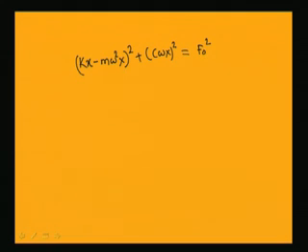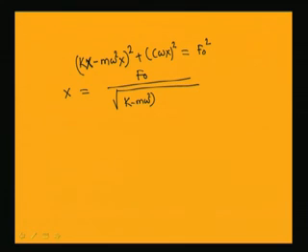From this one can find this x, so this is capital X. One can take x common, so x can be written as x will be equal to F0 by square root of (k minus m omega square) whole square plus (c omega) whole square.